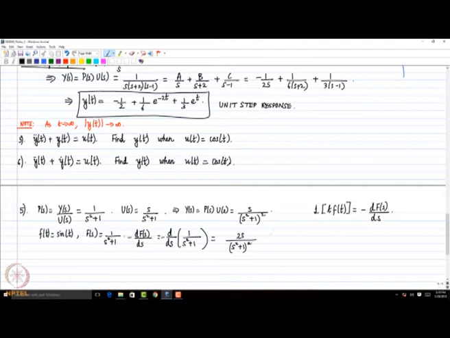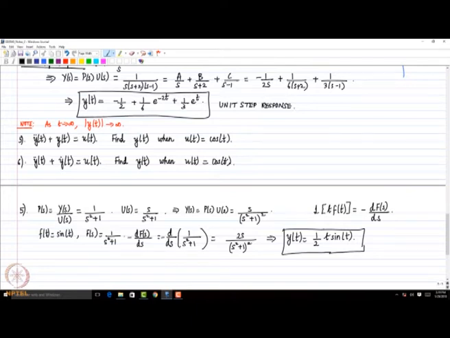This immediately tells me that the value of y of t is going to be equal to 1 by 2 t times sin t. Why? Because the Laplace of t sin t is 2s by s squared plus 1 whole square, from this property of Laplace transform.